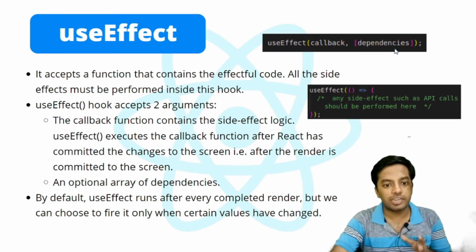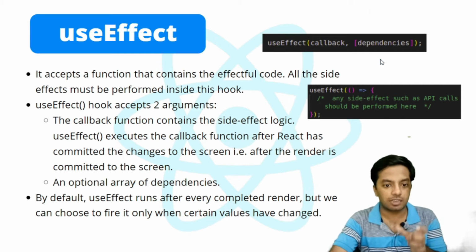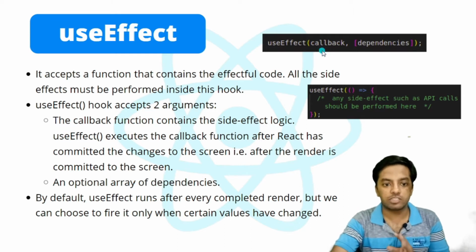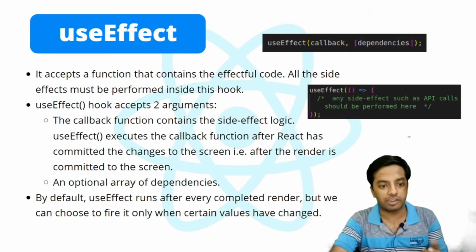After each render, it will check whether the value inside this dependency array has changed or not. So we passed count. Now after each render, it will check if the value of the count variable has changed, and only then will it call this callback function again. Otherwise it won't call it. So based on this dependency array, the callback function is called or not. It is an optional dependency. If you don't pass it, then it will work differently.